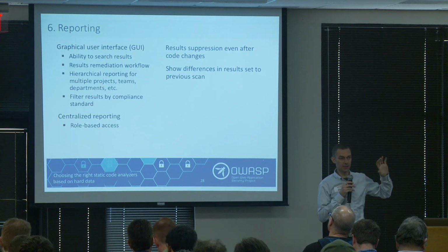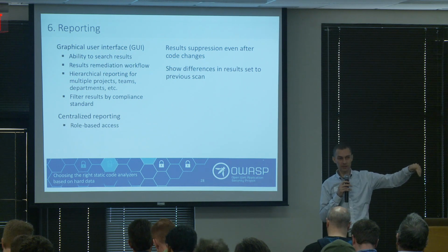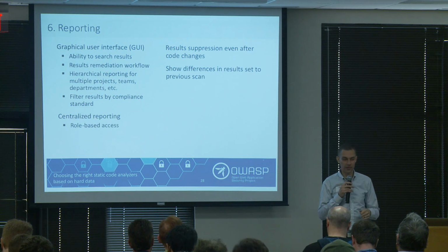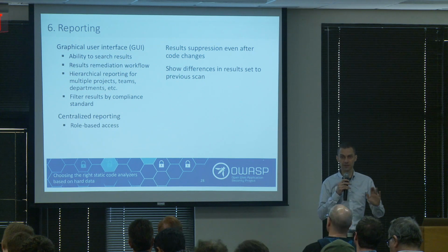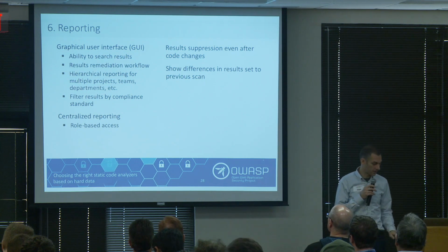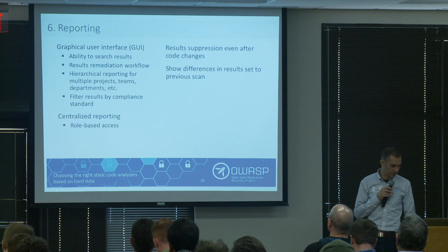So you don't want to just turn off the whole rule. You just don't want to know about it in this one instance, right? And that's called suppression. There are different strategies for suppressing findings, but basically you're telling the analyzer, hey, stop telling me about this. I know, I don't care anymore, right? That's an important capability. And then showing differences, understanding how things are evolving.